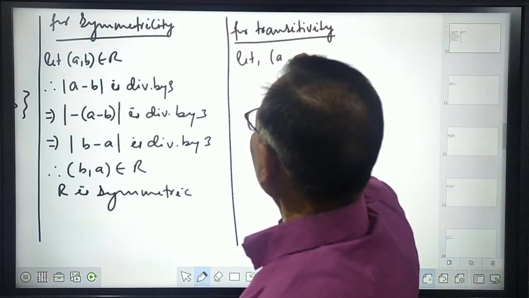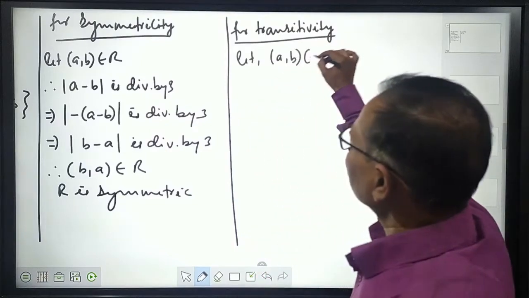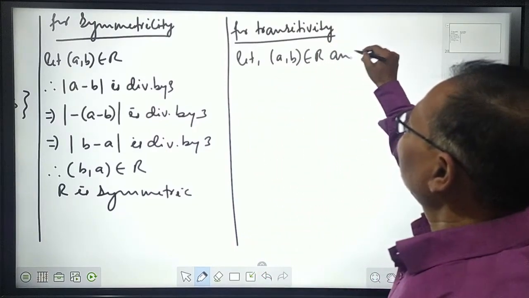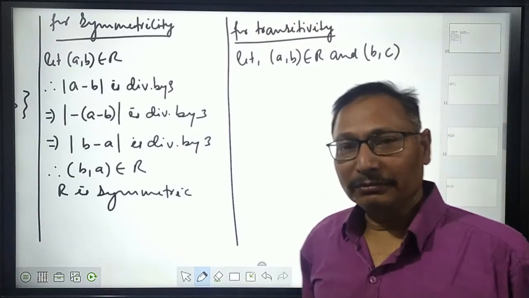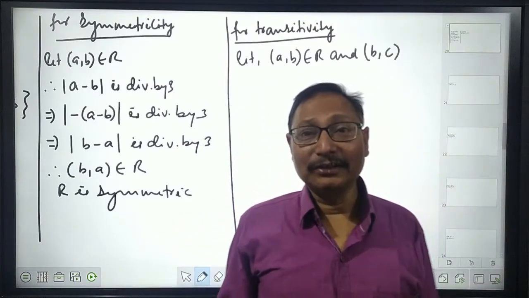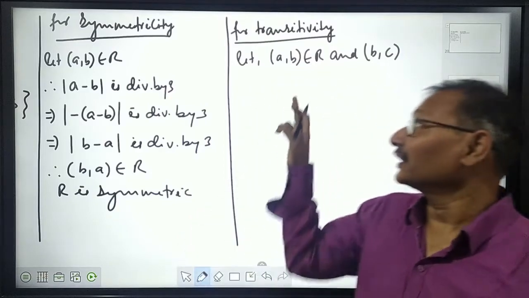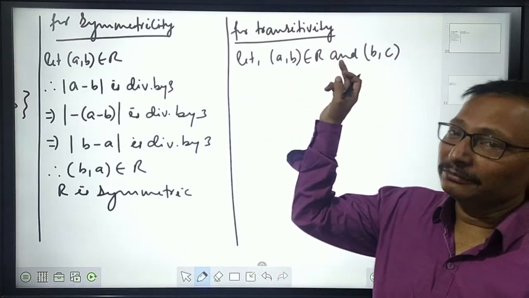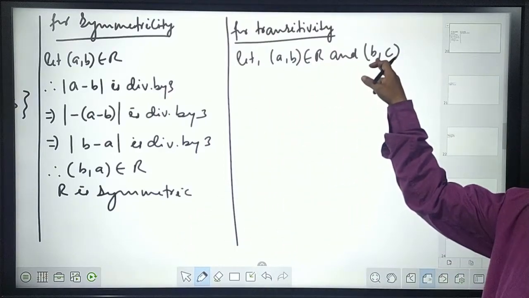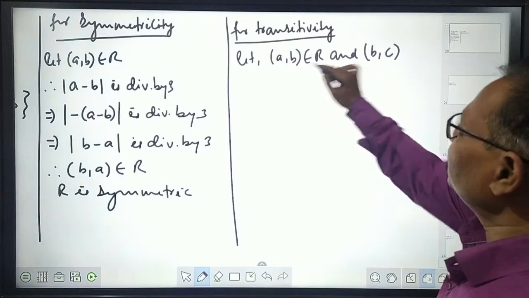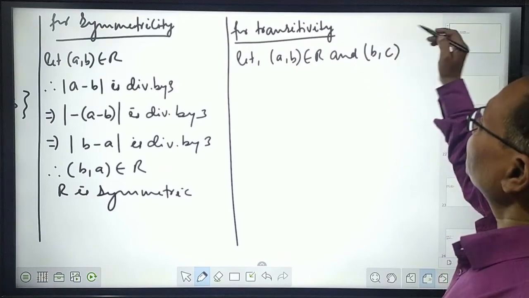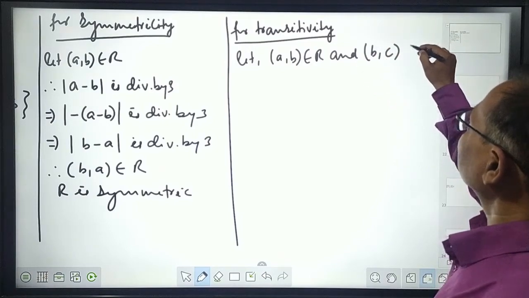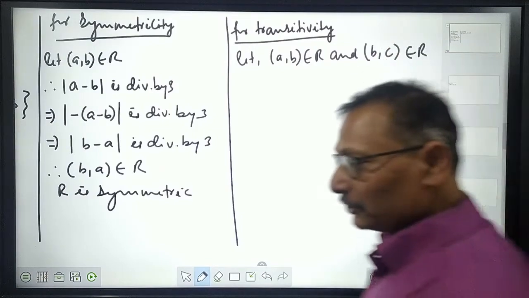Let a comma b belongs to R and b comma c. Mind it, whenever we suppose, we are always taking care of this: the second element of the first pair must be the first element of the second pair. So here b and here is also b. So a comma b is supposed as an element of R. Again b comma c is supposed an element of R.